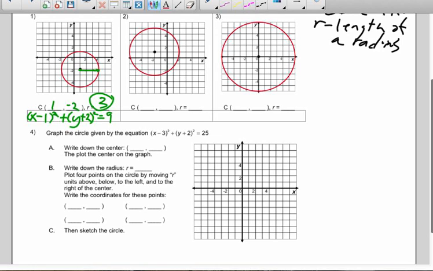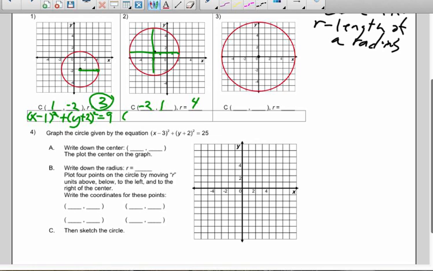Okay, so we do the same thing on number 2. The x-coordinate is -2, the y-coordinate is 1, and the radius is 1, 2, 3, 4. You could also have got it from going off of any one of these points. I just picked that one. They're all going to be length of 4. So now we write this.